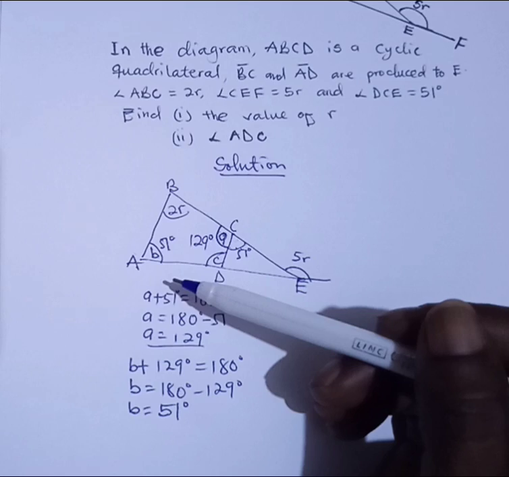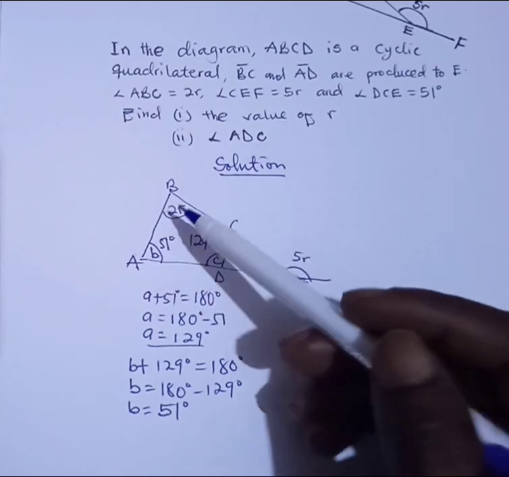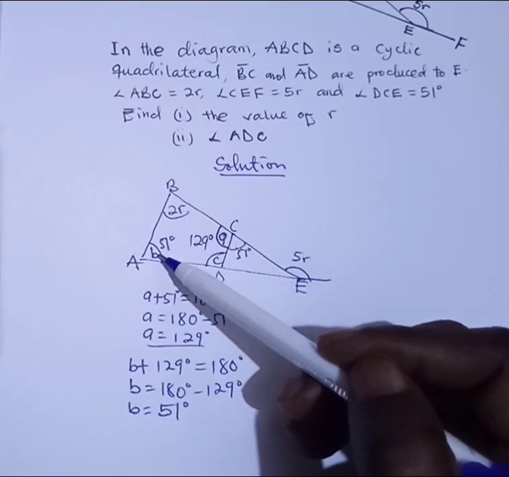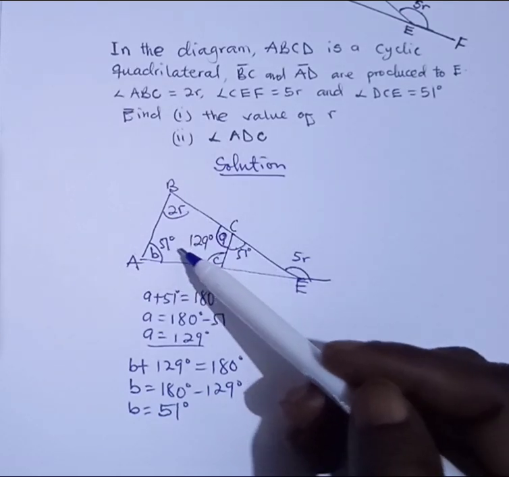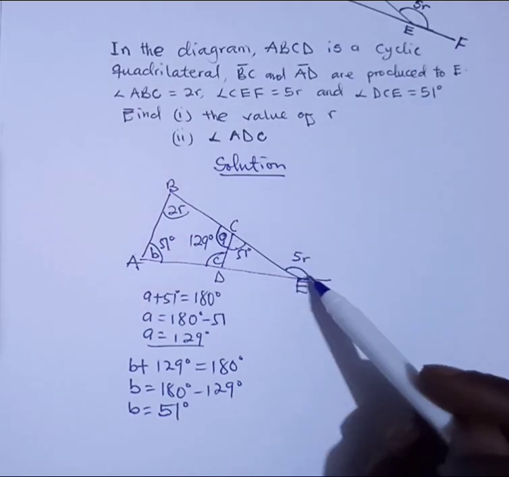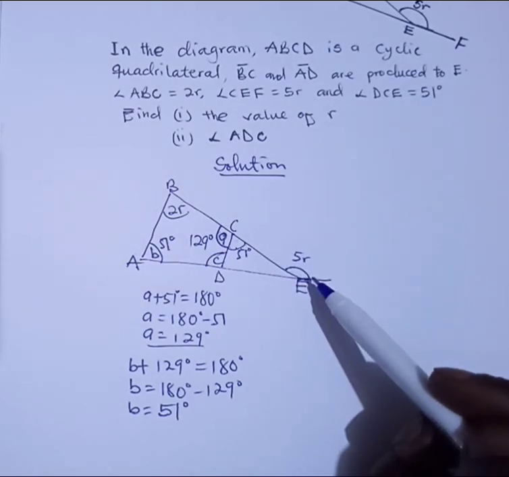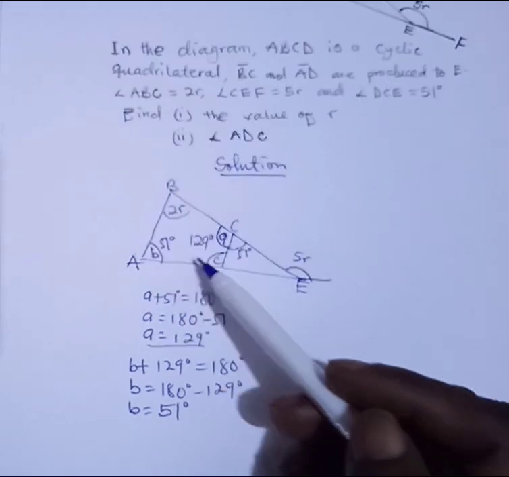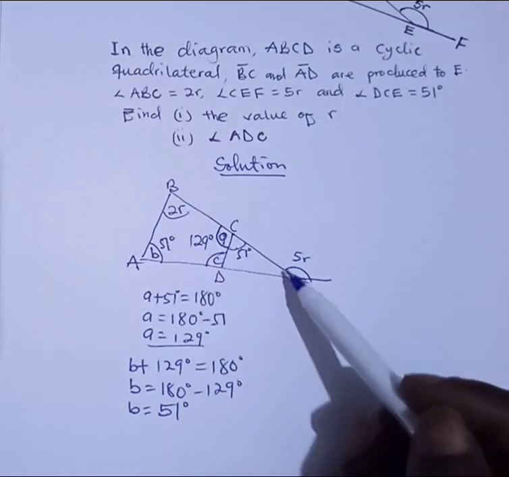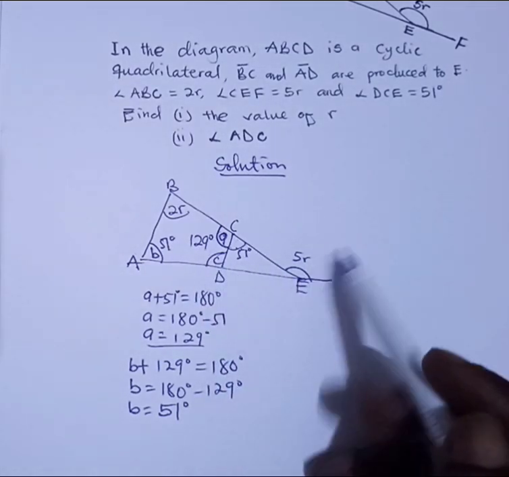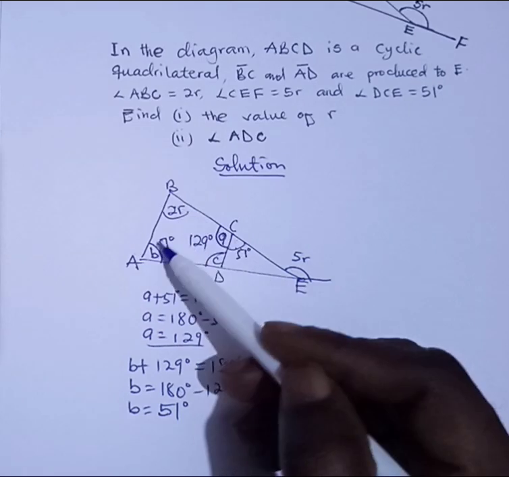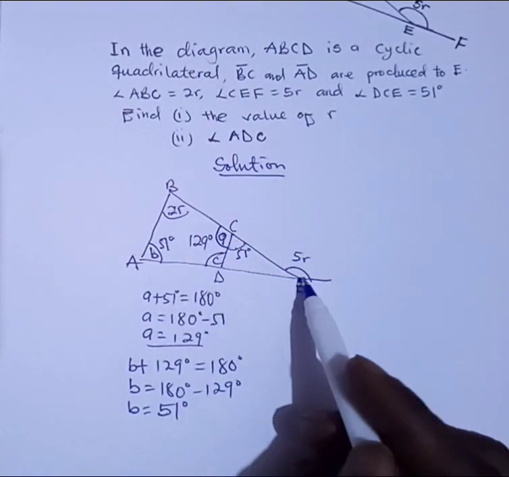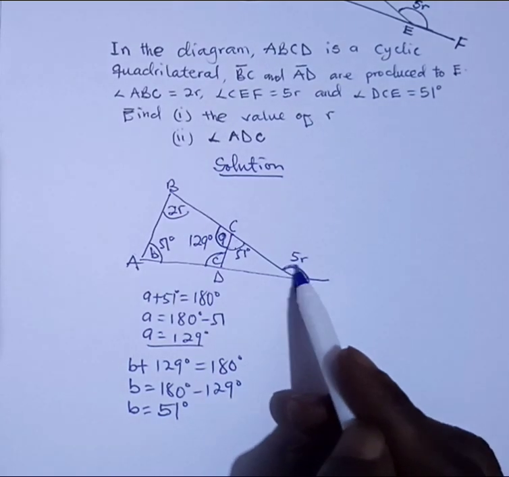So the theorem states that when you sum two interior angles, the answer you get should be equal to their opposite exterior angle. Looking at these two angles, they are opposite to the exterior angle you see here.